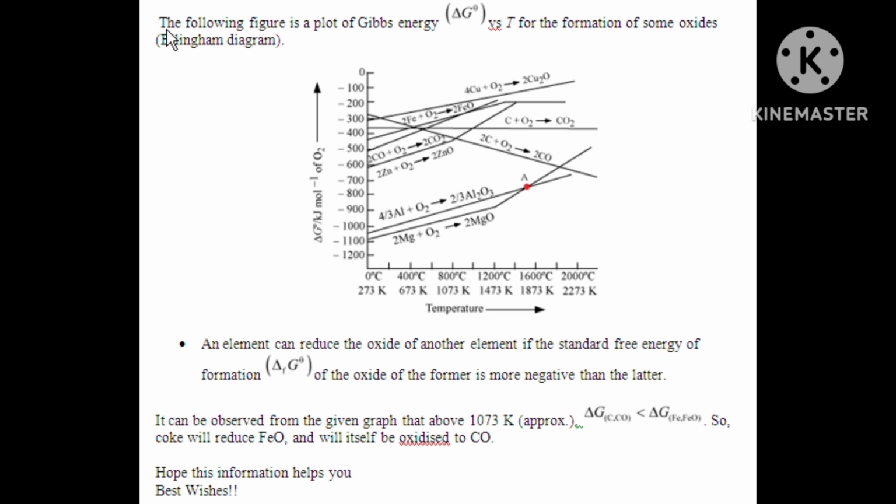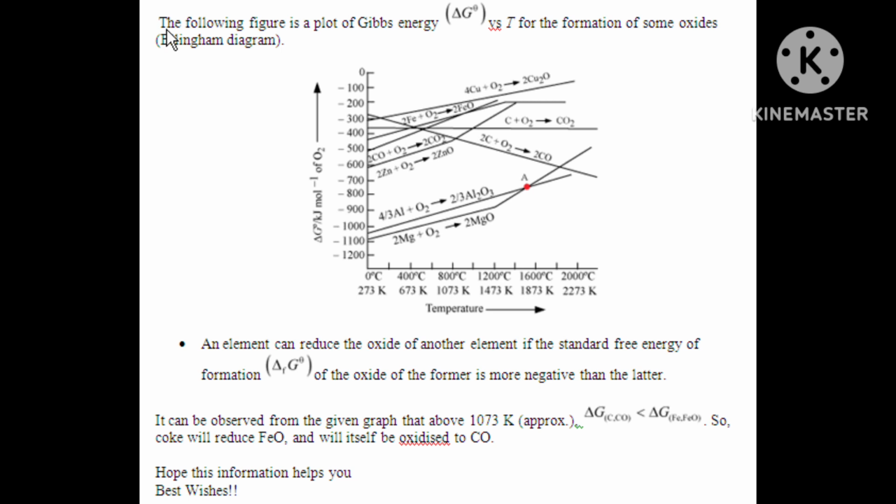Okay, I am talking about the delta G value: when delta S is positive, means entropy is more and more, then delta G becomes more on the negative side for the reduction, and it becomes easier. Delta G becomes negative if the metal is in liquid state, means if entropy is more.